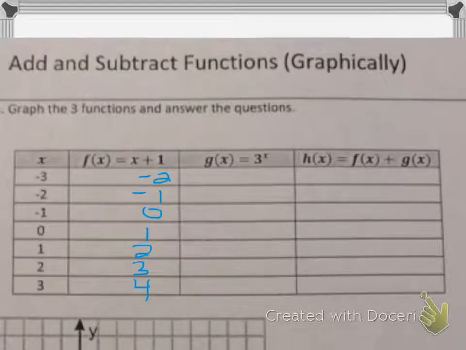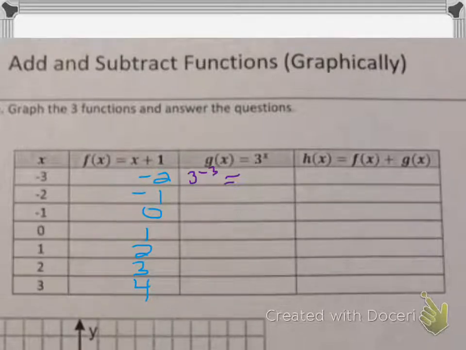Now we're going to do the same thing for our g of x function, but this time we have that x up there as a power. So really grab your calculators out and let's do the math here. So we're going to do 3 to the -3rd power. I'm putting 3 to the -3rd power in my calculator like that. We're just going to round to like 3 decimal places.